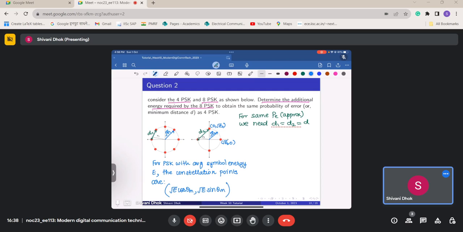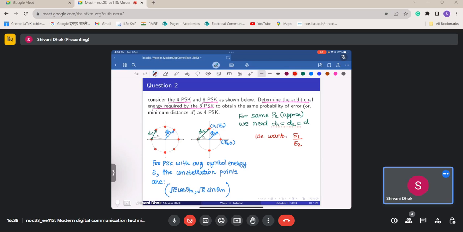Okay, so what we need to find is the additional energy that we require for having the same probability of error. So basically we want E1 by E2.